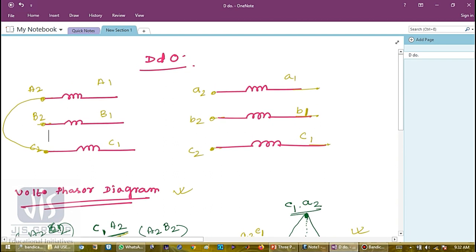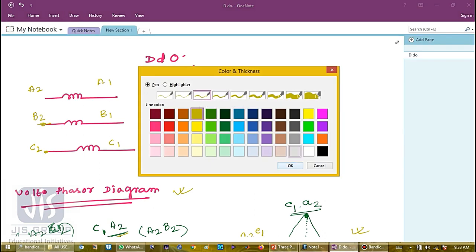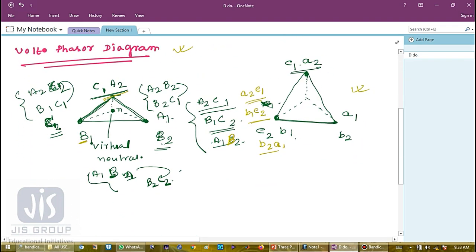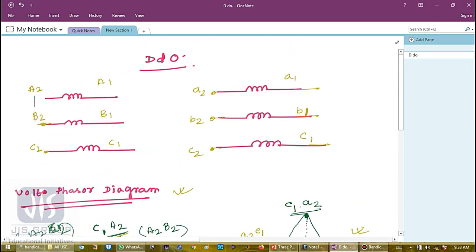So let me connect A1 with B2 first. So A1 is connected with B2. Now B1 is connected with C2.